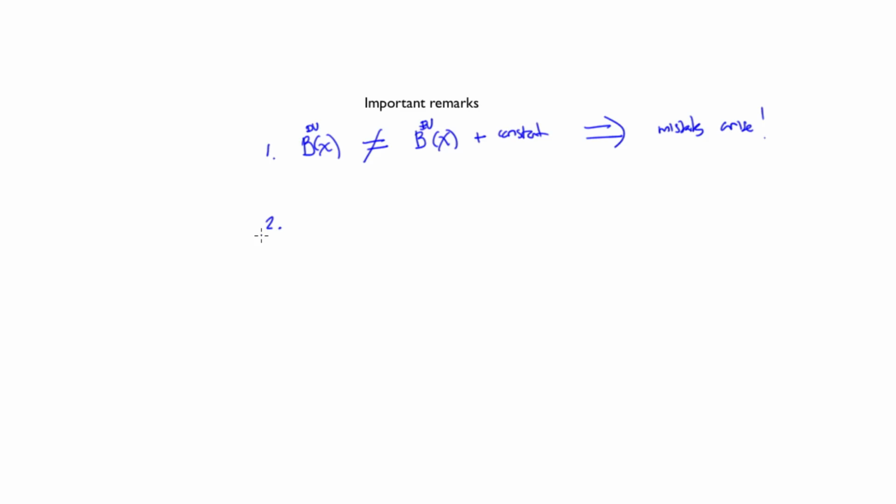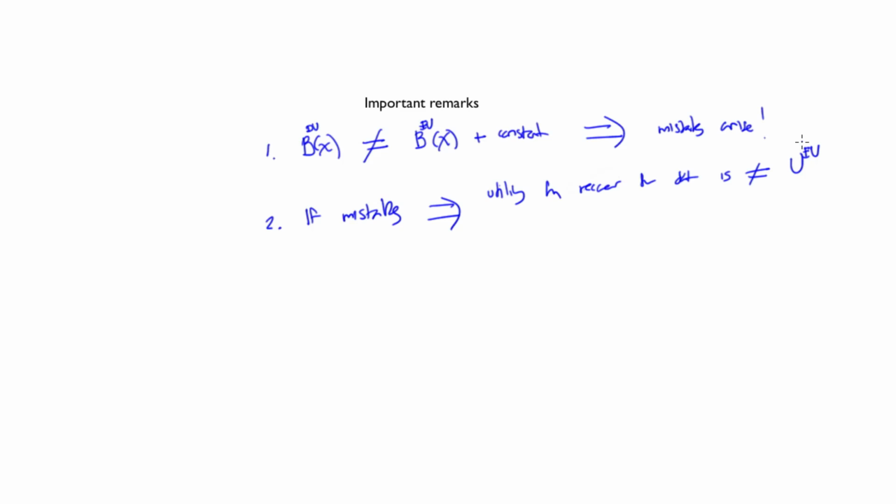Second, if there are mistakes, then two things are true. The utility function that is recovered from the data is different from the experience utility function.